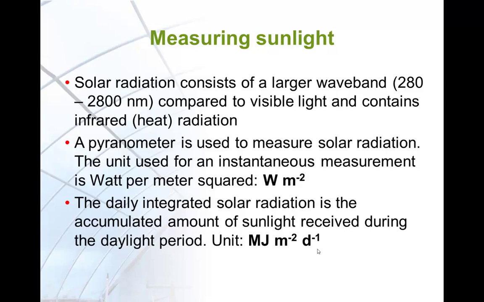Some people use joule per square centimeter per day, but in terms of scientific notation, use of per square meter base is better than per square centimeter base. So you need to pay attention to which unit is used, otherwise the magnitude of the value is very different, per square meter base or per square centimeter base.